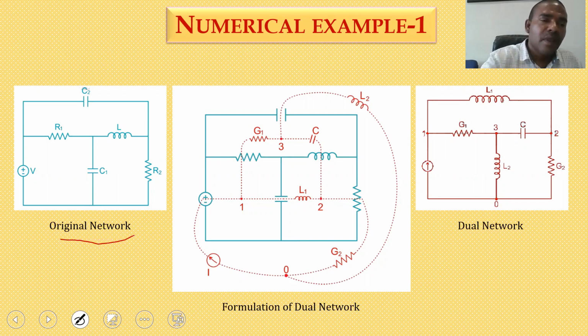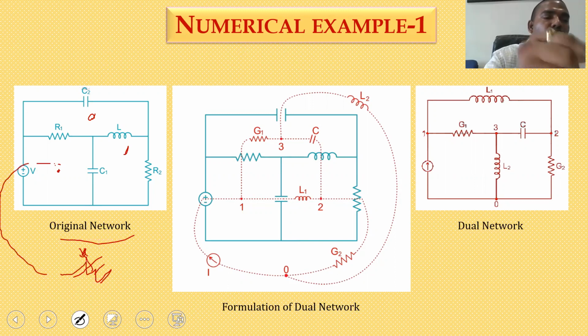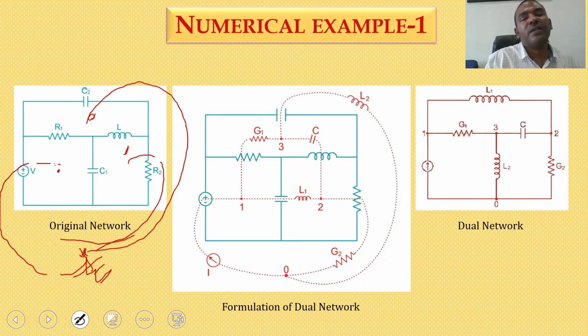So first you have to go for the individual loops with nodes and an outside node, and the outside node must be a reference node, so it is represented here. Each element here connecting loop to reference is replaced with the dual element, and the intermediate connections between the elements must also be considered.